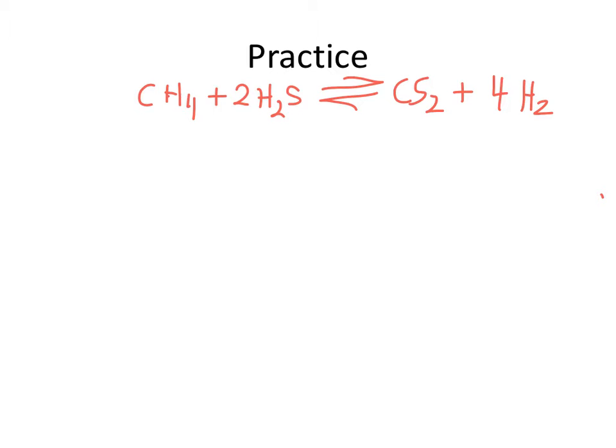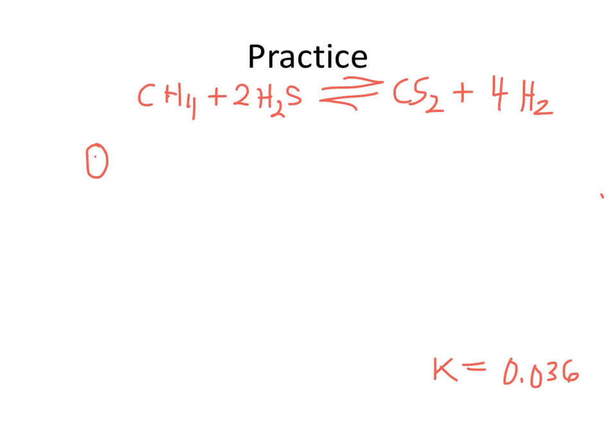Okay, and we were also told, I'm going to write it down here, that K was equal to 0.036. So the first thing we have to do is to write an expression for Q.